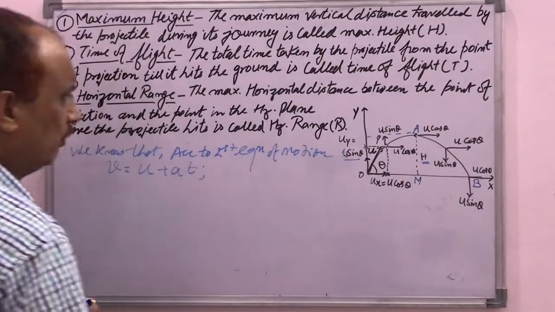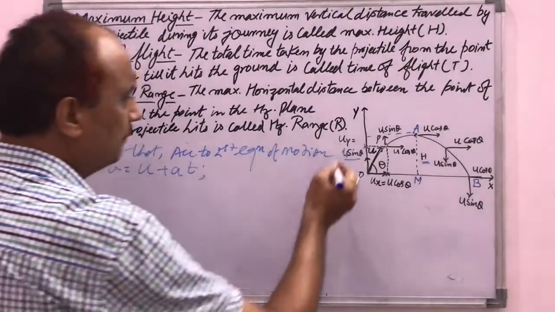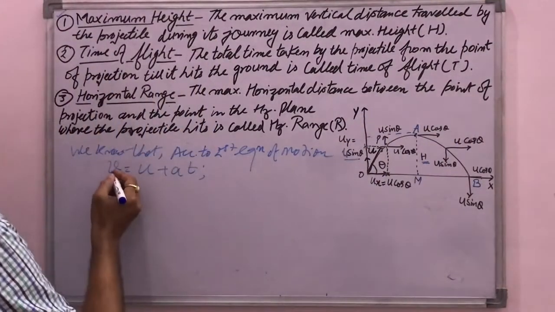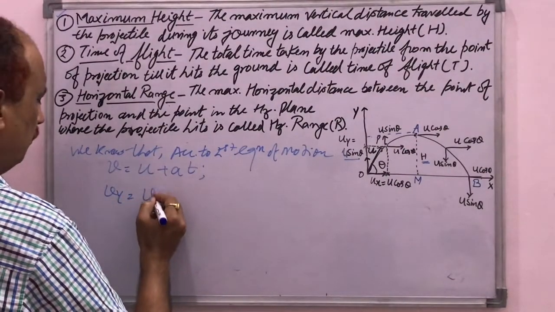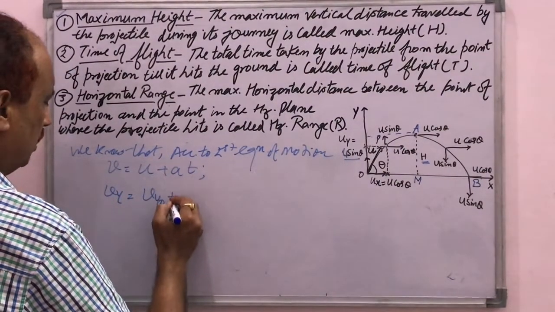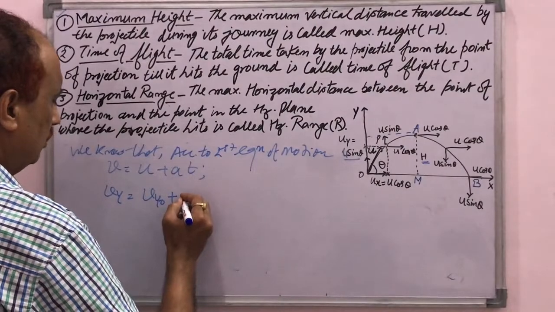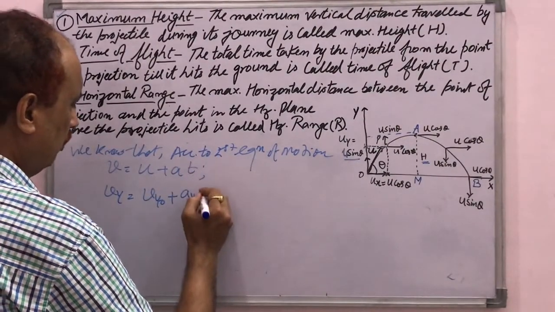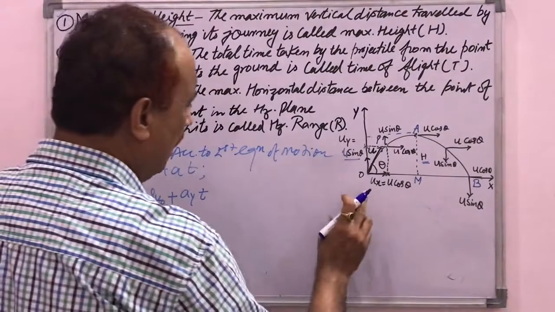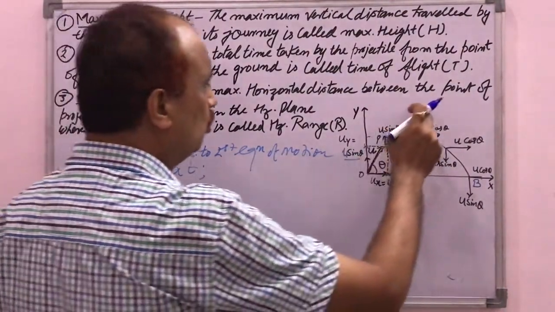Now change the equation according to the vertical motion. So v becomes vy, u becomes vy naught, a becomes ay, and t equal to t. Here t is the time taken by the projectile from O to A.